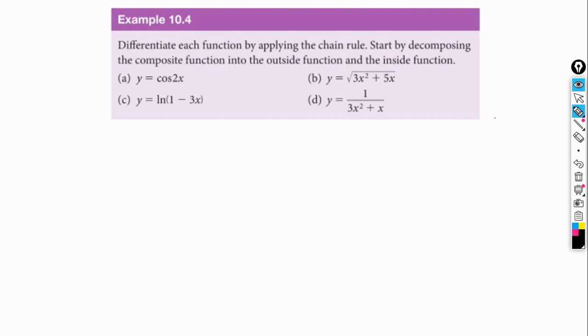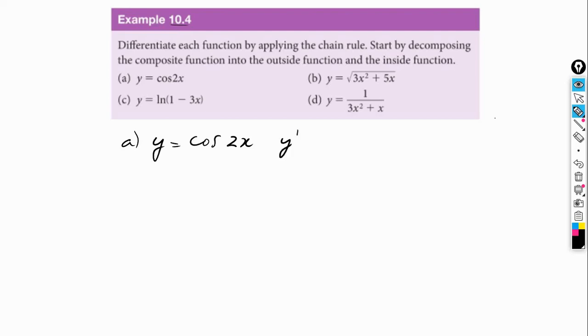So next we will work on example 10.4, and it says differentiate each function by applying the chain rule. Start by decomposing the composite function into the outside function and the inside function. So for letter A, it's the example that we were talking about before. We have y equals cosine of 2x.